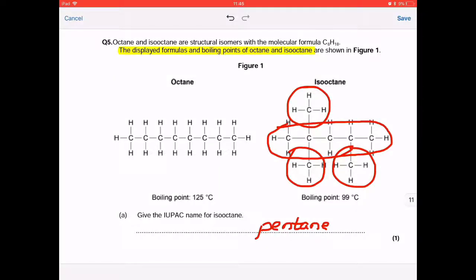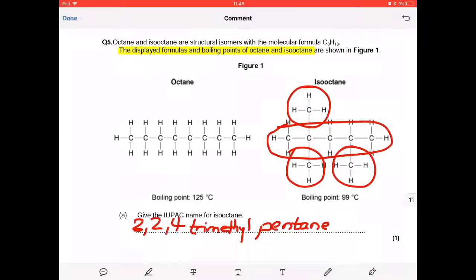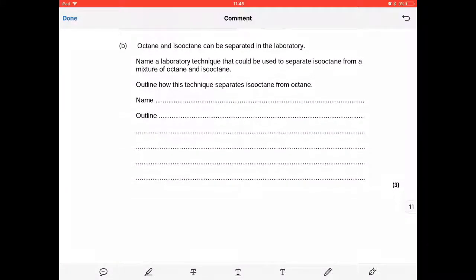Because the first two side chains are on the second carbon, that will be 2,2, and the third is on the fourth carbon, so 2,2,4. Because there are 3 of the same methyl side chain, it would be trimethyl, and that is the name there. So 2,2,4-trimethylpentane. So that's our answer to the first question.